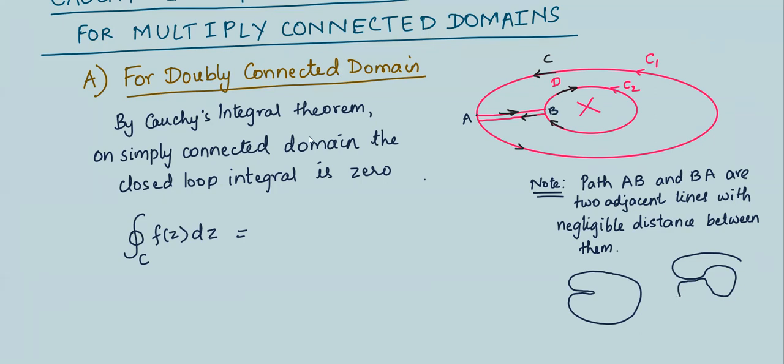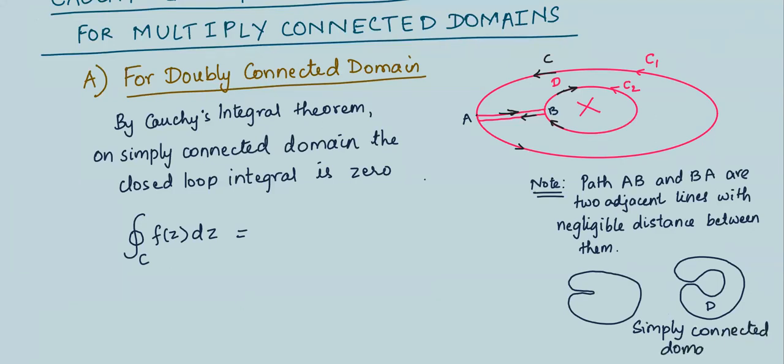I'm showing this as touching, but they're not touching each other. These are simply connected domains. This includes all of D, all points of D, and this contour integral will be 0.